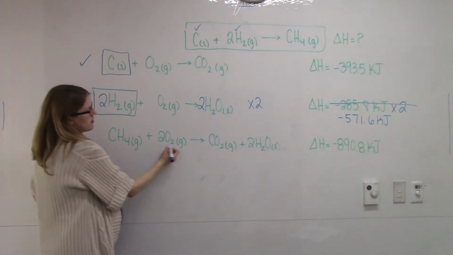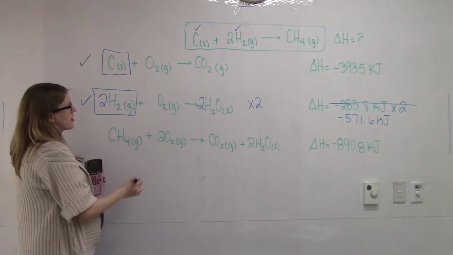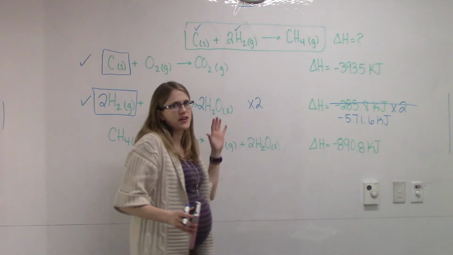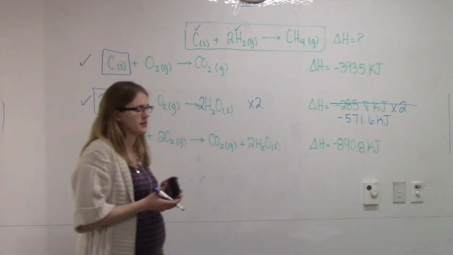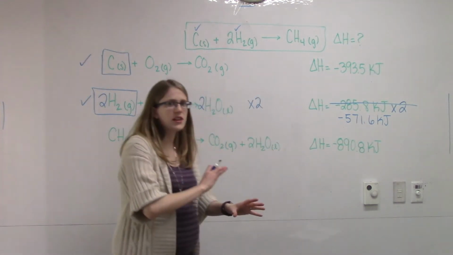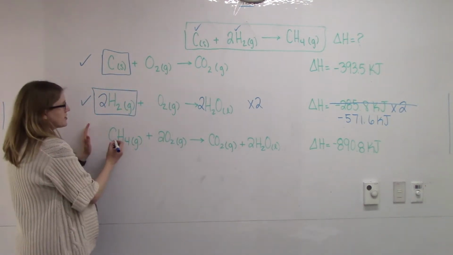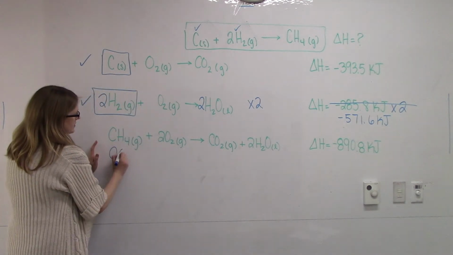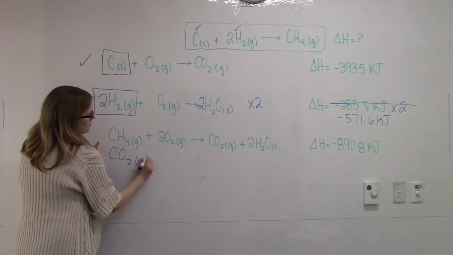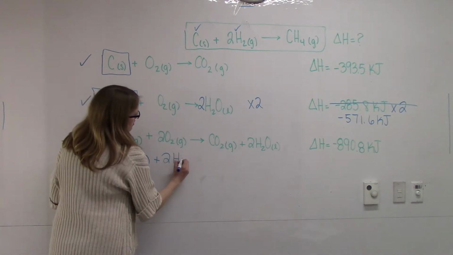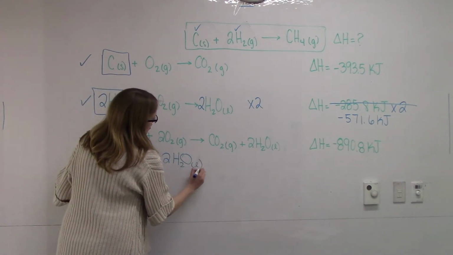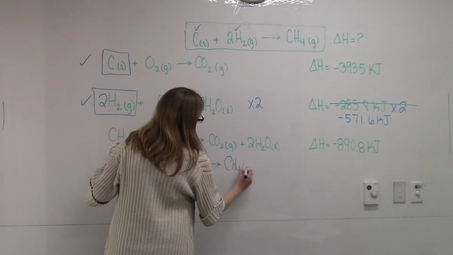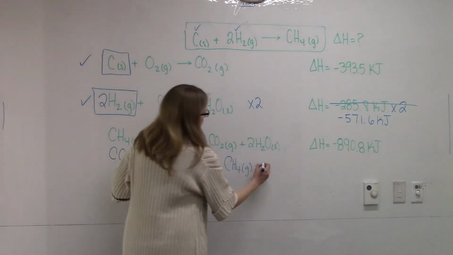CH4. Okay, we look. There's a CH4, and that's the only place it's listed up here. We need CH4 to be in the products, but here CH4 is in the reactants. So we're going to have to completely reverse this reaction. Instead of CH4 plus 2O2 yields CO2 and 2H2O, it's going to be the exact opposite reaction: CO2 plus 2H2O yields CH4 plus 2O2.